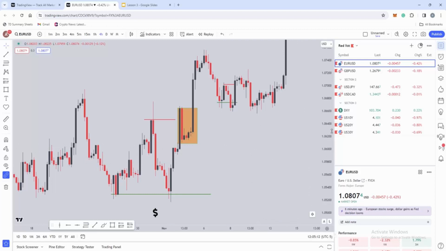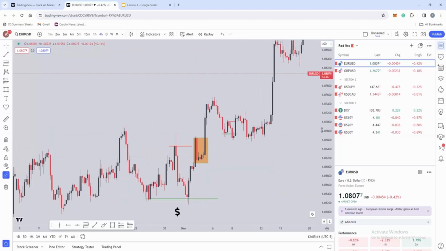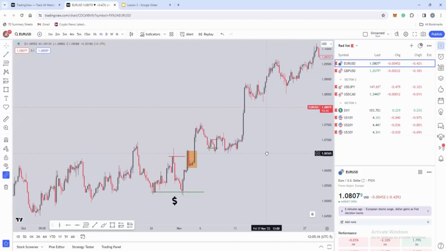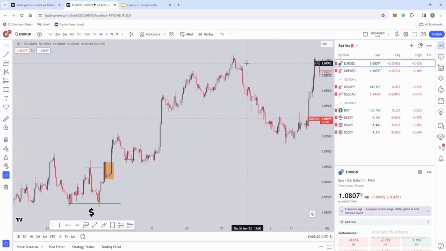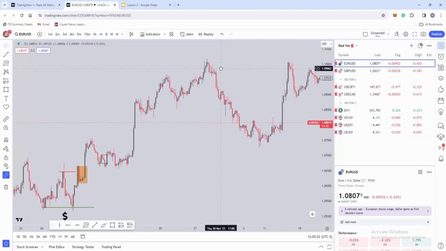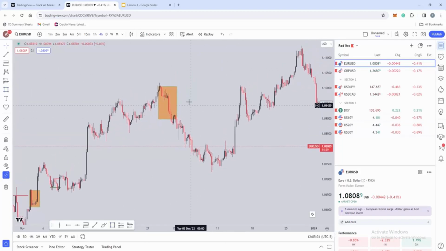We're now bullish. The market changed, and as you can see, the market really did change bullish from there. It's bullish all the way here until we saw a bearish shift in market structure, and we saw the bearish shift over here. So let's take a closer look at how the bearish shift of market structure actually looks.